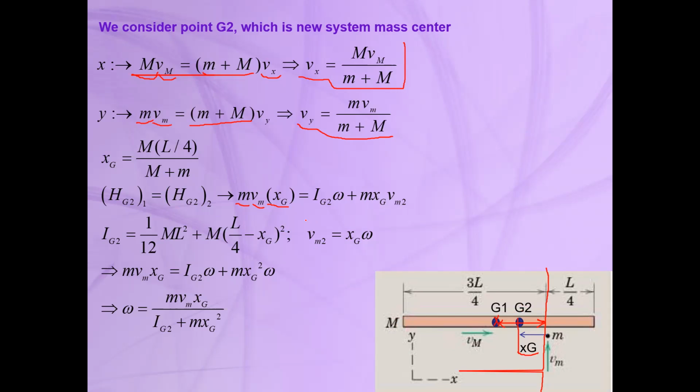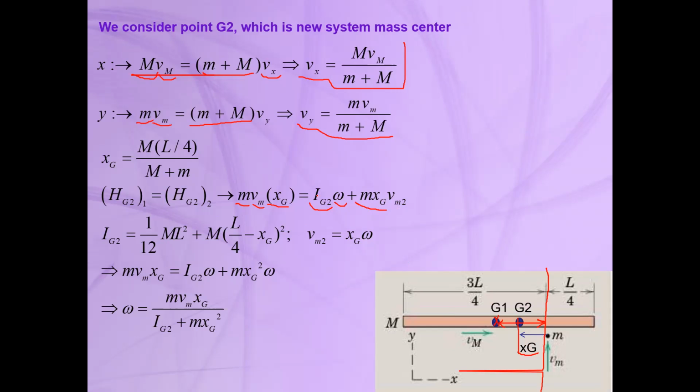But after the impact, we will have one angular velocity for the bar, so it will be I_G2 times omega. And also we have the velocity in the y direction for the particle after the impact, times its mass times the radius, which is xg.